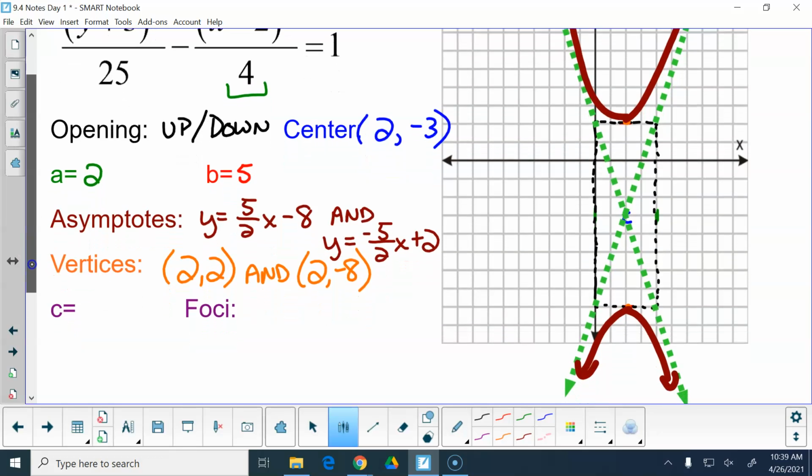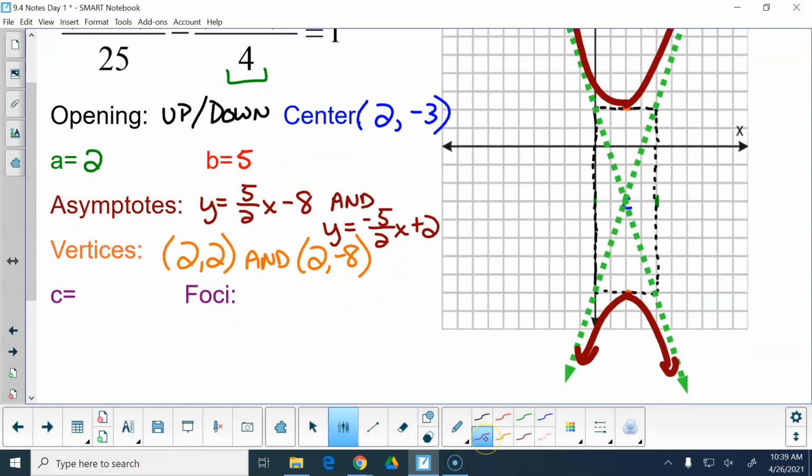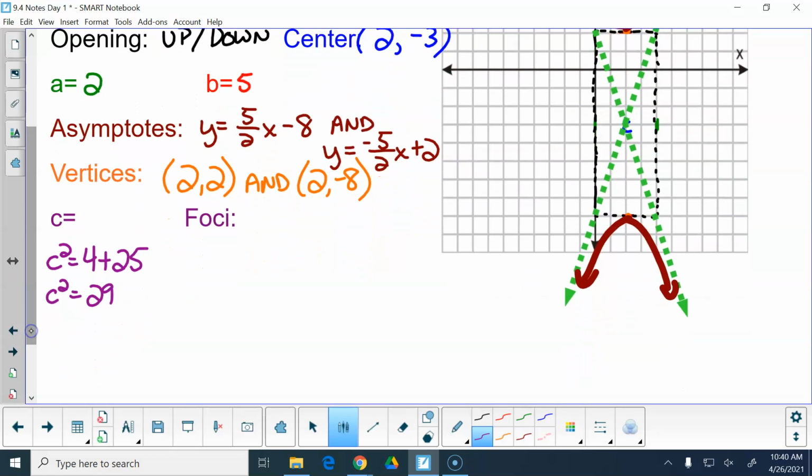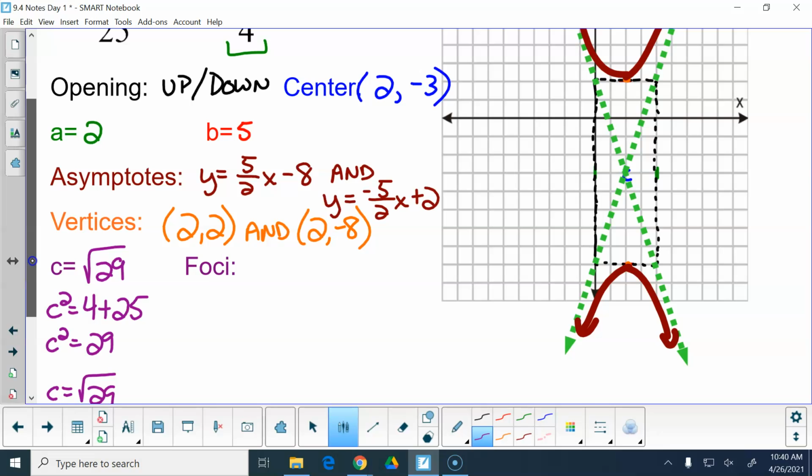So what's a squared? 4. What's b squared? 25. 4 plus 25. 29. Square root. Square root of 29 is our c. So that's a little bit more than 5, correct?